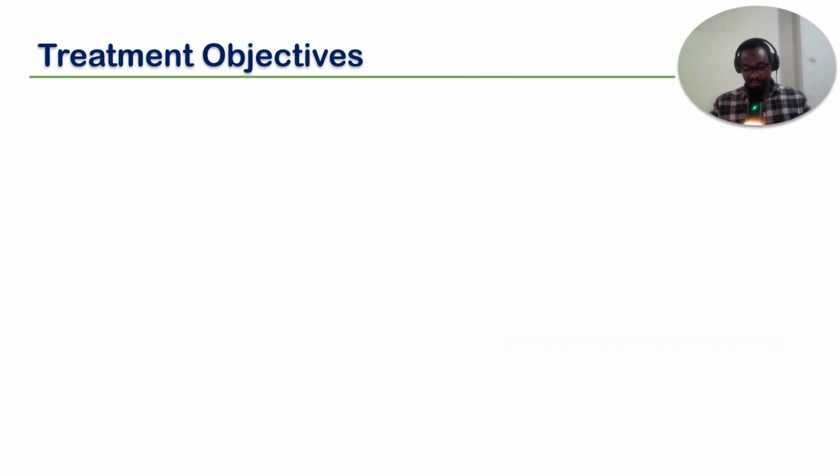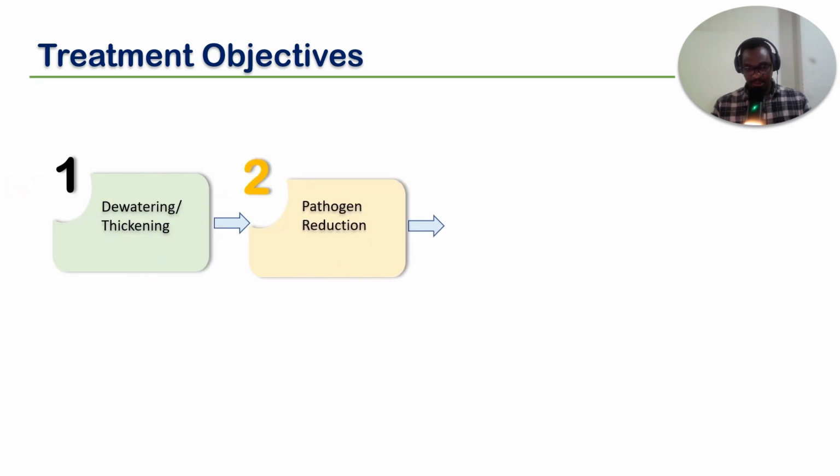Then let's look at the treatment objectives. Why do we first of all have to treat this waste? First of all, we have to dewater or thicken. In this case, we're focusing on fecal sludge, to be clear. The first stage is dewatering. We remove the water out of this sludge so that we can concentrate the solids. The next has to do with pathogen reduction.